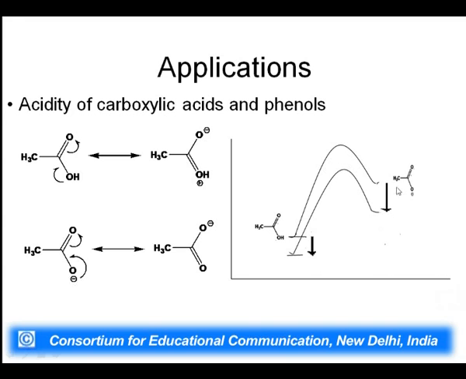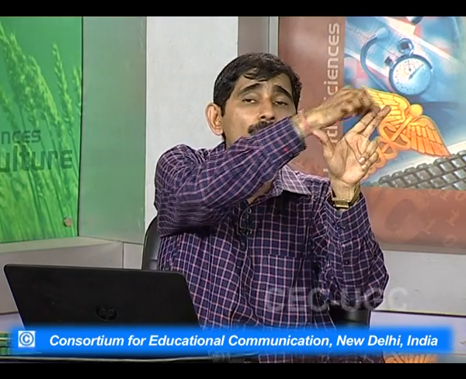The second reason is that the carboxylate ion is present like this: C double bond O, and this is O minus, and this is the R group.